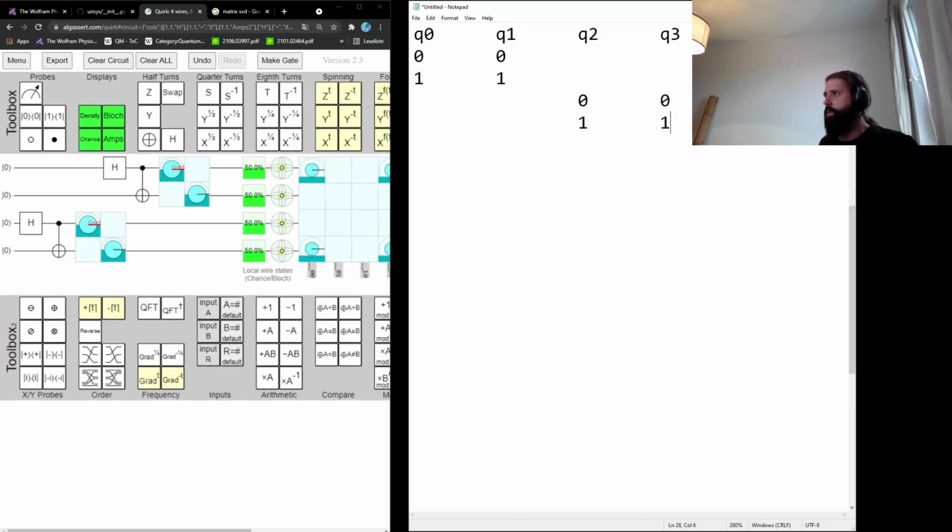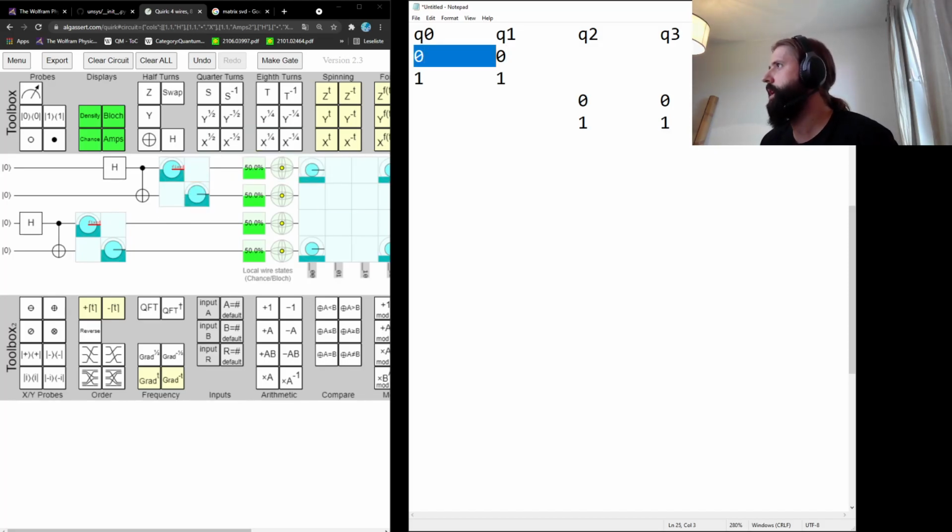That's a table way to represent that system. So you have two hyperedges that only contain nodes of Q0 and Q1, and two hyperedges that contain nodes of Q2 and Q3.